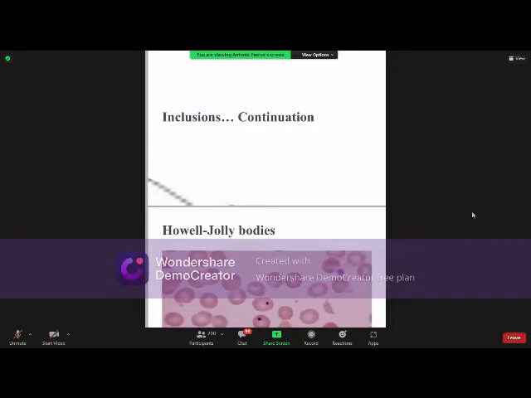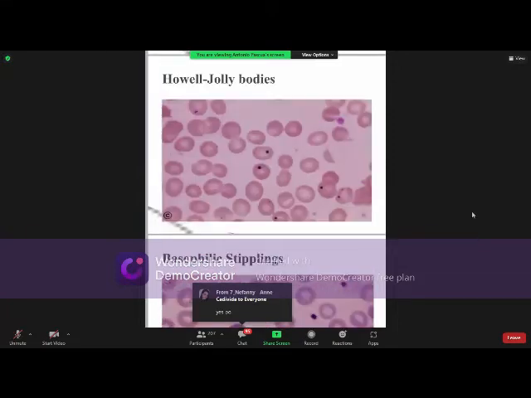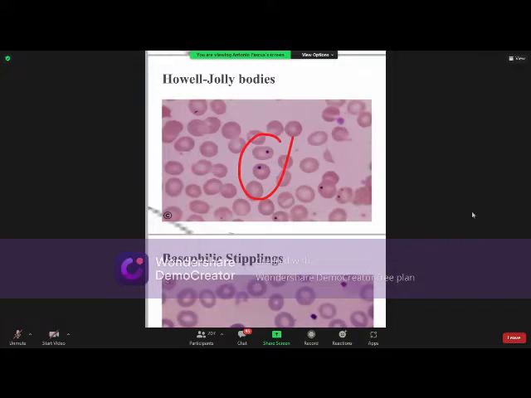Yes, sir. So the first one that we have here is called Howell-Jolly bodies. As you see on this picture, ito si Howell-Jolly. Howell-Jolly bodies are small, round, purplish fragments you see within your RBC cytoplasm.